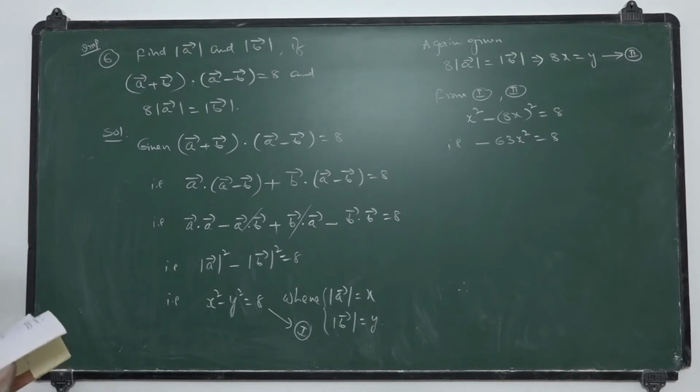I will go through the answer. This is the sixth problem. 16, 9 into 7, 16 root 2, 16 root 2 by 3 root 7. 63 is okay. 64x square minus 63x square equal to 8.